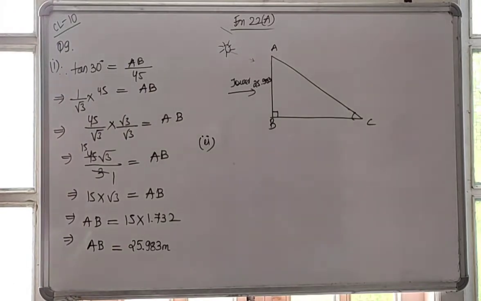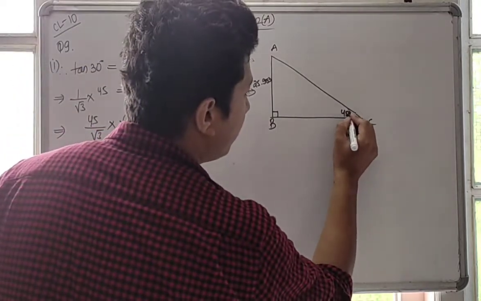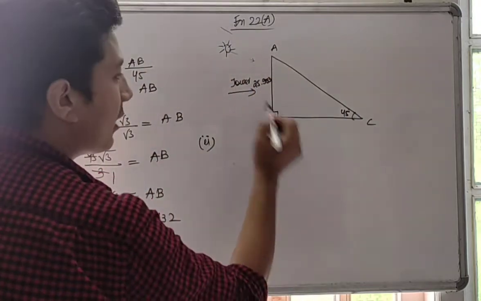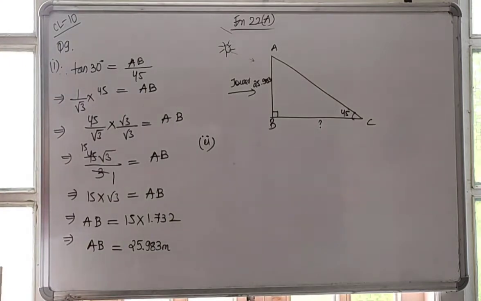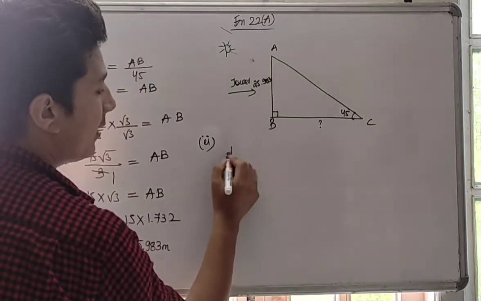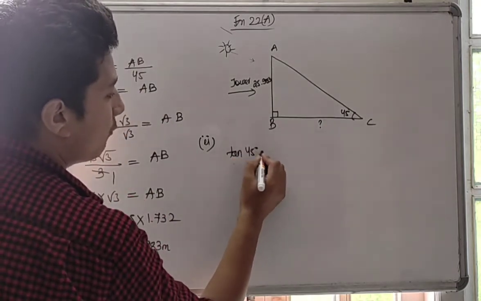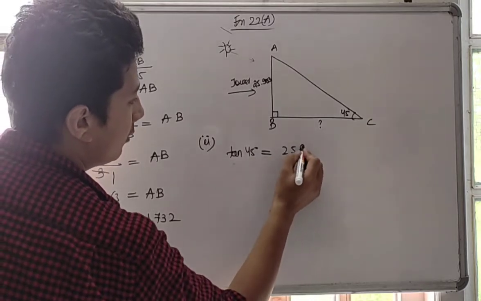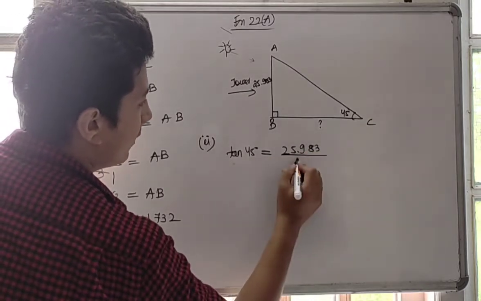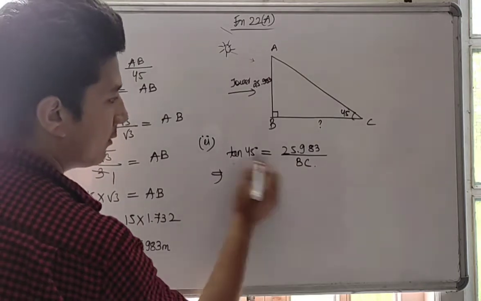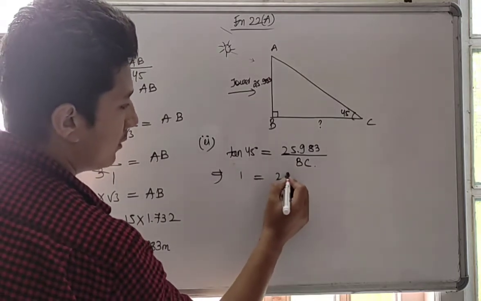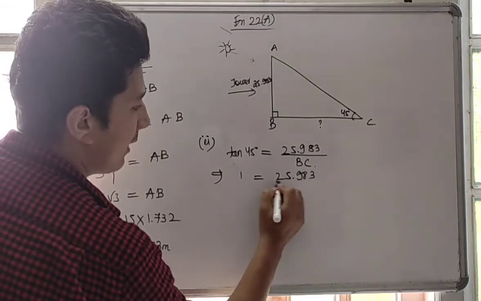Okay, the question says now, if the angle of elevation is 45 degree and the height of the tower is this, what will be the length of the shadow? So which means I can again use tan 45 degrees. Okay, and what is tan 45? Tan 45 is 1, so hence 1 is equal to the same thing by BC.